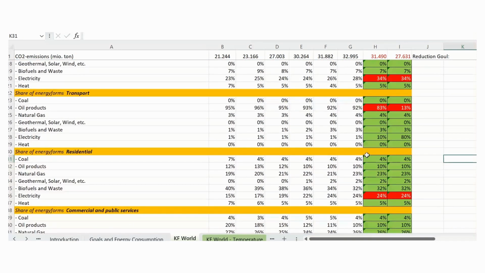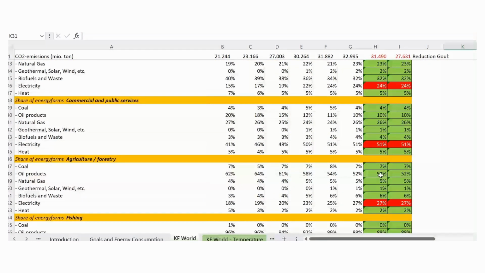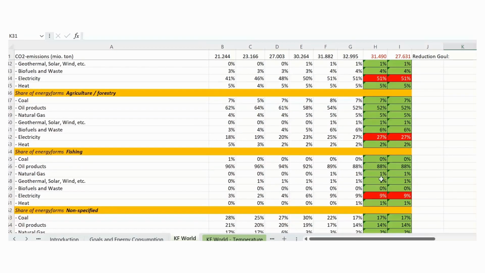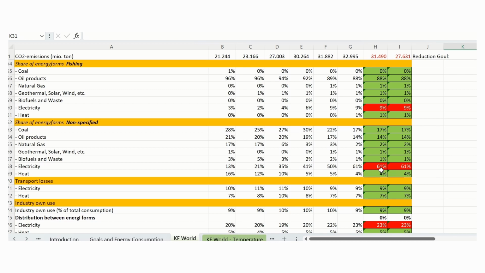You continue here with the residential, with the commercial and public service, and forestry and agriculture sector, fishing sector, not specified sector. And when you have done that, you have in fact defined the total end consumption in the world.